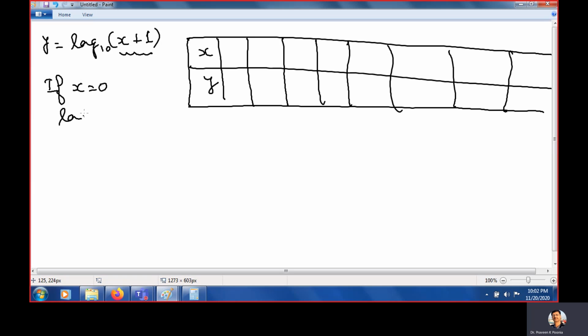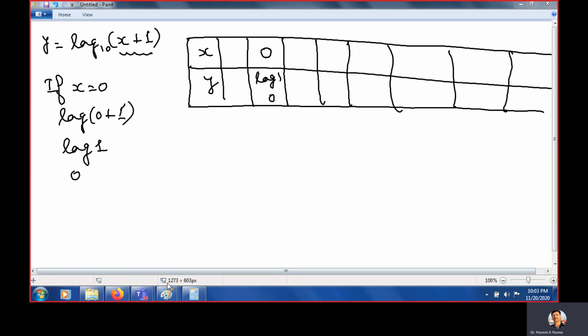But if I put x equal to 0, how much is it? It is log of 0 plus 1. Clear? Log of 0 plus 1 is how much? It is log 1, and log 1 is 0. So now you need to take x equal to 0 here. At x equal to 0, the value is log 1, that means 0. Understand?